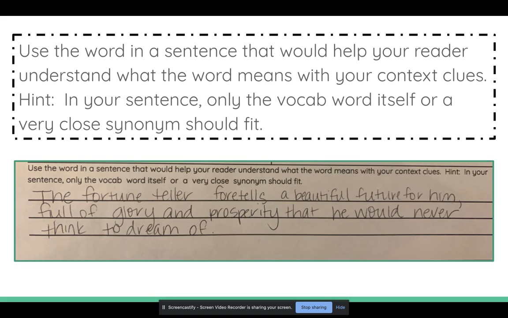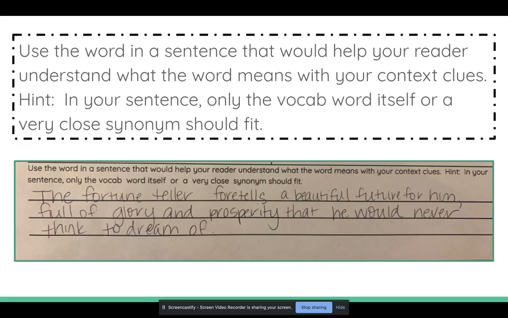A hint that will help you know if you've written a sentence that's full of good context clues is that in your sentence, only the vocab word itself or a very close synonym should fit and still make sense. So here's my example. The fortune teller foretells a beautiful future for him, full of glory and prosperity that he would never think to dream of.